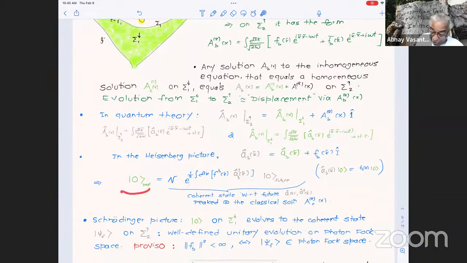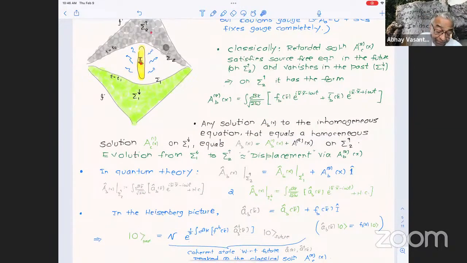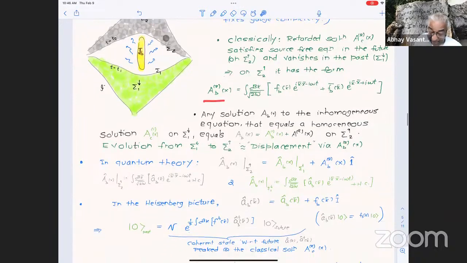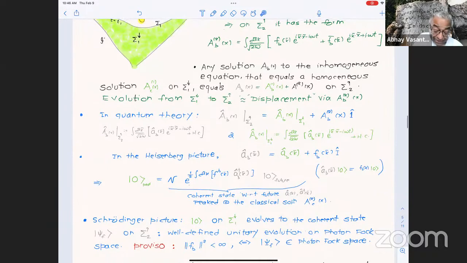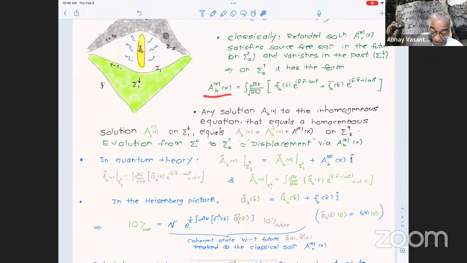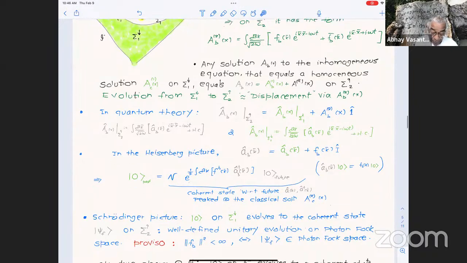So the past vacuum with respect to the future is a coherent state, and the coherent state is peaked at the classical solution. So this is what I was telling you before, that we got this nice relation. Classically, we would say the source produces a retarded field, and quantum mechanically, starting with a quantum vacuum in the past, in the future it produces the coherent state, which is peaked at that classical solution.